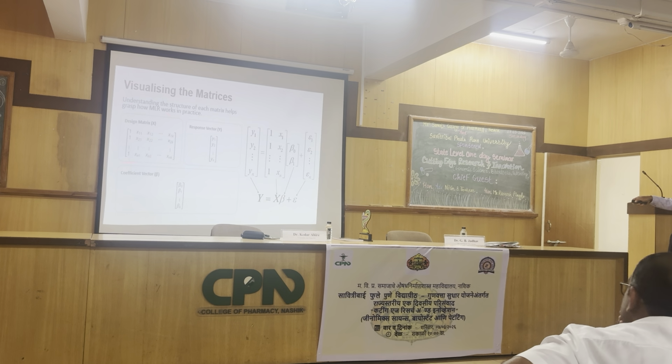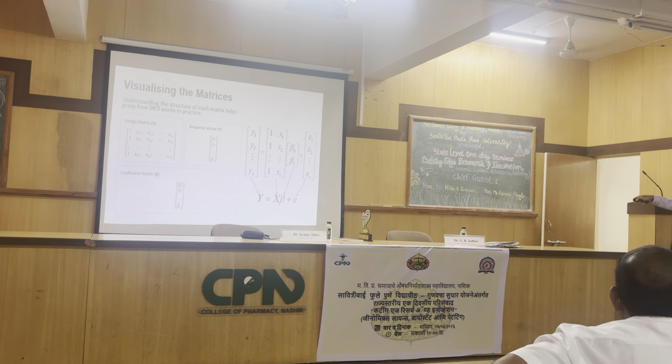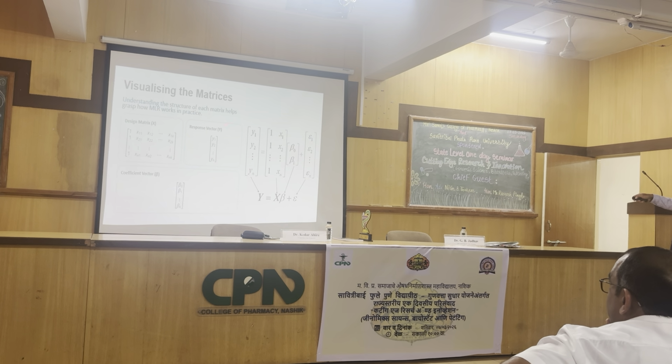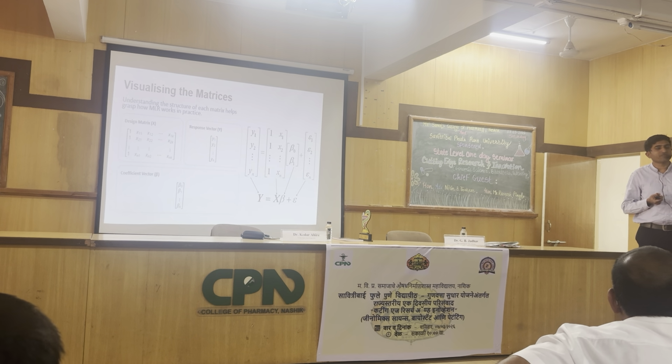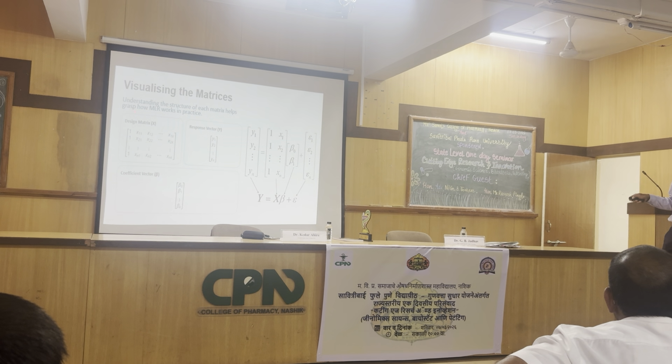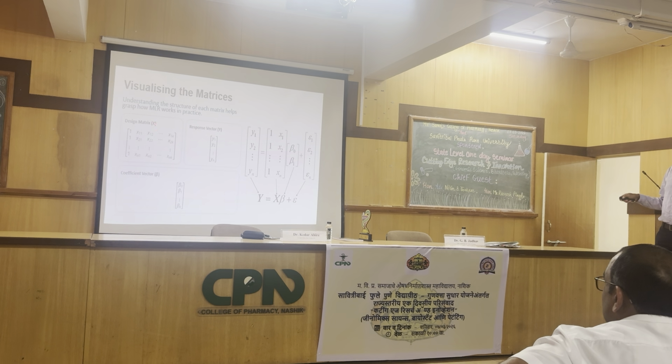So the best way is to use matrices for calculating these regression coefficients. Okay. So here we use the design matrix, X matrix, where the first column has only ones, the second column has the first variable values, then the second variable values, and so on. Okay, so these are all predictor variables.